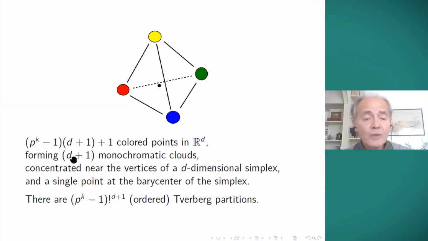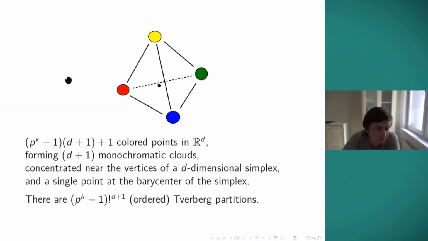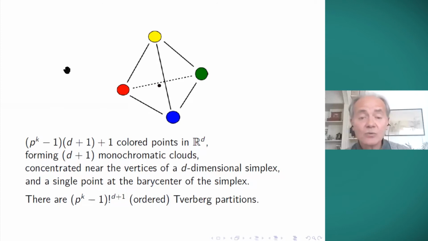Together they form d+1 monochromatic clouds of points, all concentrated near the vertices of this d-dimensional simplex. And now you ask, can you find a Tverberg point? You remember the Tverberg point: in this case, R is equal to p to the k, so this overlap number is p to the k, and you want to partition this set into R disjoint, well, maybe rainbow sets, so that they overlap.